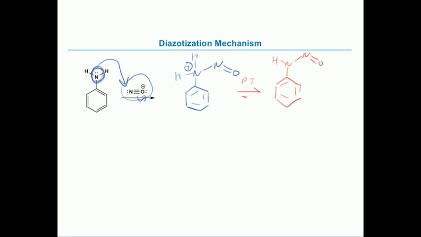Now, if you take a look at this, remember this should remind you of a carbon like this, where we have our alpha protons, and we can tautomerize, right? There's a tautomerization that's possible where we can go from the keto form to its enol form. And similar thing happening here.